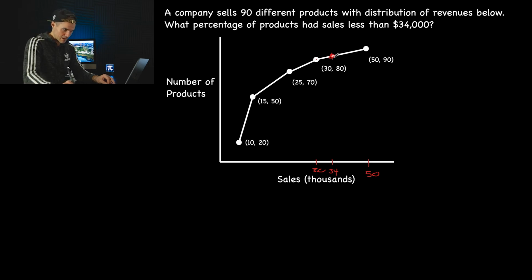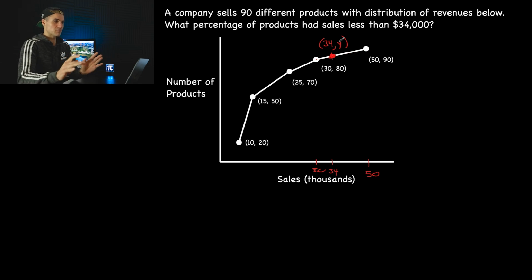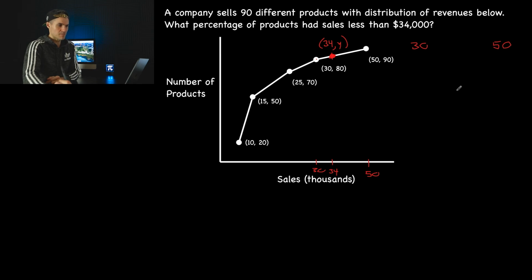Basically, what's happening, to show this in a mathematical perspective, is we're trying to find out what's going to be this y value here, right, at a sales value of 34. And because this is a straight line here, we can do it with proportions. So the way I'm going to show this is, between these 2 points, we're going from 30 to 50,000 in sales, right?